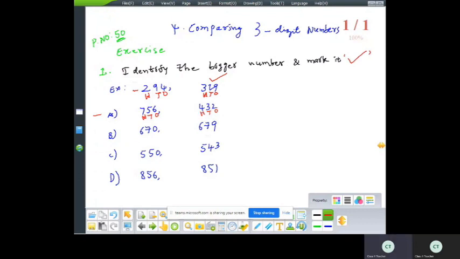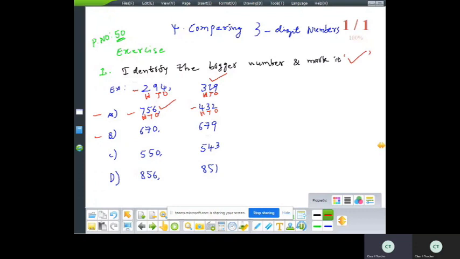Here the digit in the hundreds place is 7, and here the digit in the hundreds place is 4. From 700 and 400, which is bigger? 700 is bigger, so 756 is the biggest number in A.